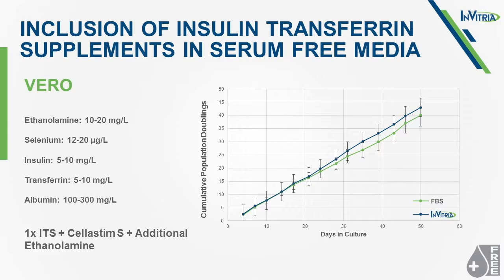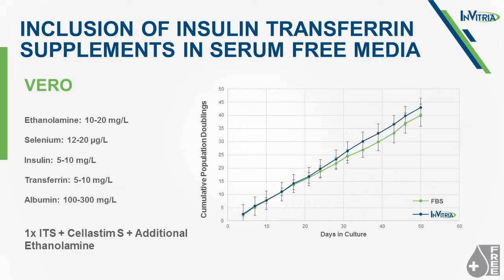So again, my lab has extensively characterized the optimal concentration ranges of ethanolamine, sodium selenite, insulin, transferrin, and albumin for Vero cells. And so these optimal concentration ranges are given here. So again, we use this information to build a blood-free chemically defined media around these reagents.